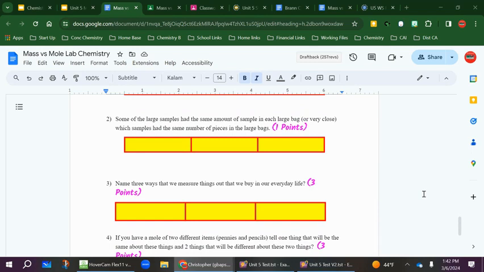I do not want you to tell me a unit. I want you to tell me what the unit measures. So, for example, if we bought something by the amount of time, I want time. Not seconds, not minutes. What does the unit measure or tell you?